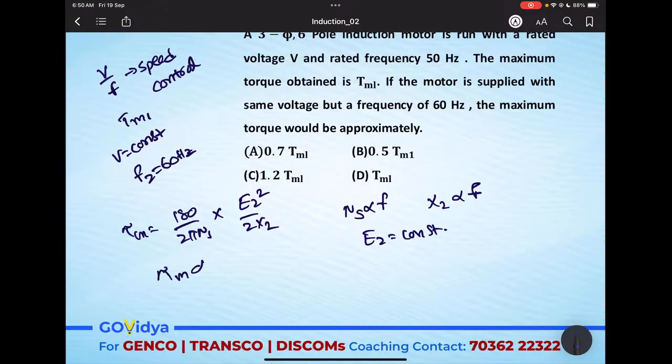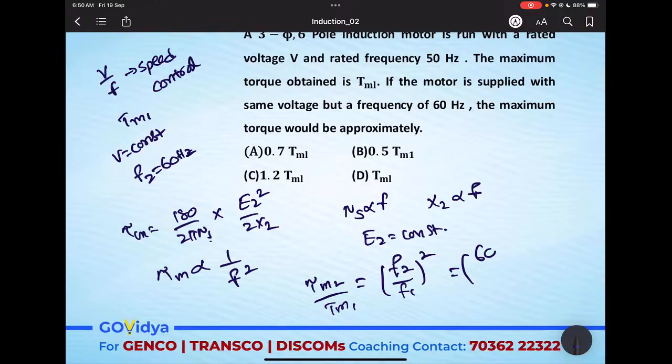Therefore, maximum torque is inversely proportional to F square. Tm2 divided by Tm1 can be written as F2 by F1 whole square.